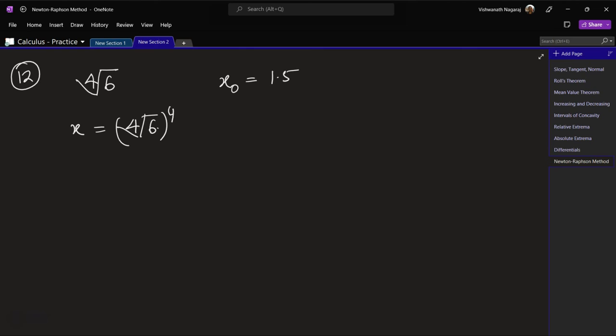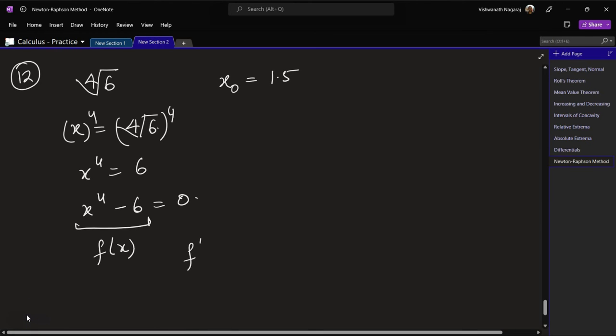Take it to the power of 4 on both sides. We get x to the power of 4 is equal to 6. The fourth root and fourth power cancel each other out, and this can be written as x to the power of 4 minus 6 equal to 0. So this becomes the function, which means f prime of x is going to be 4x cubed.